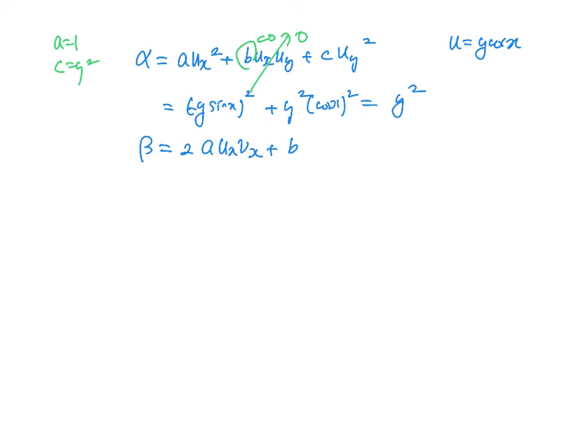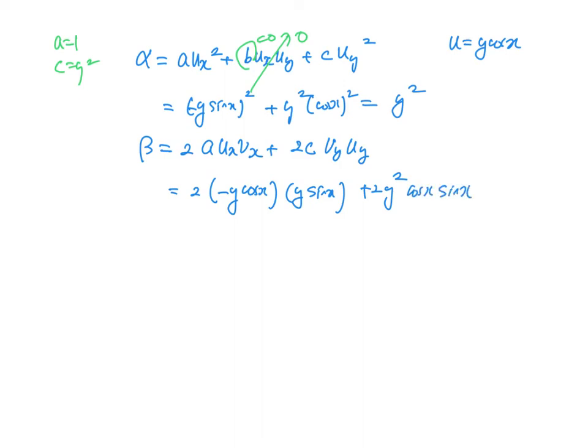So we didn't bother to consider C. Plus 2C v_y u_y, twice over u_x is minus y cosine x, y sine x, twice of y squared, v_y, u_y is cosine x, and v_y was sine x, 0, right?